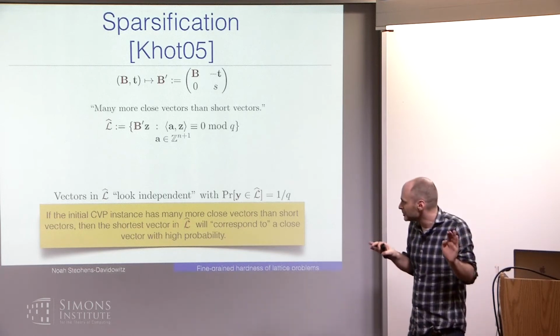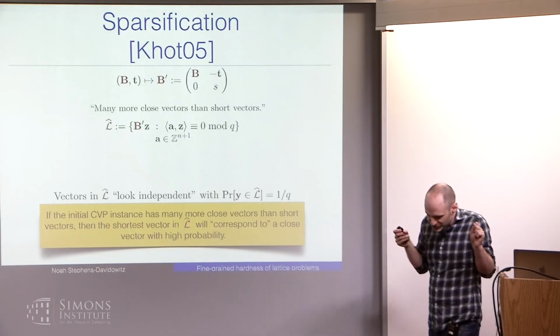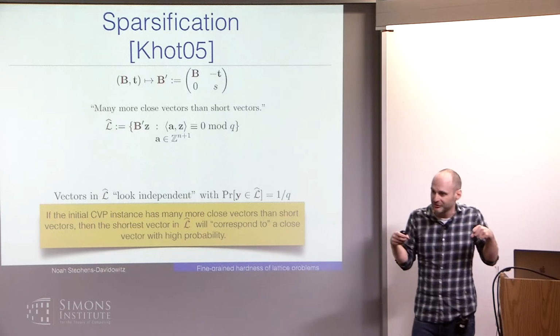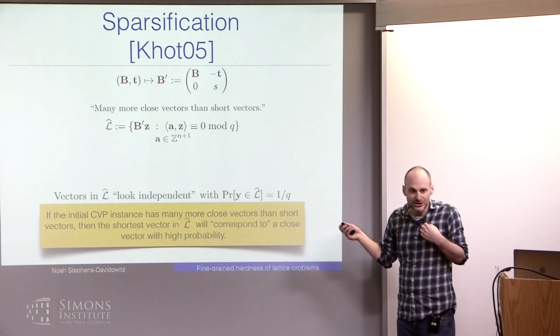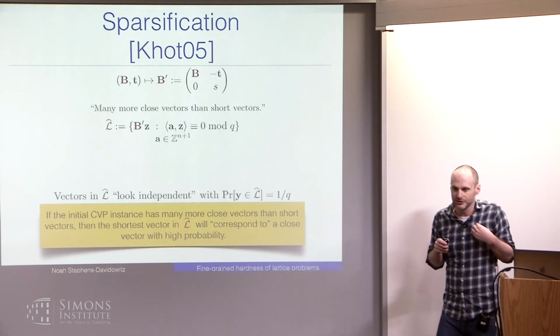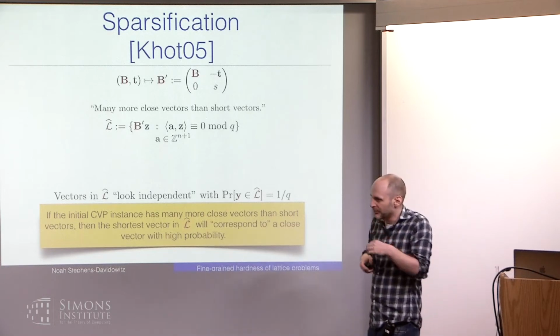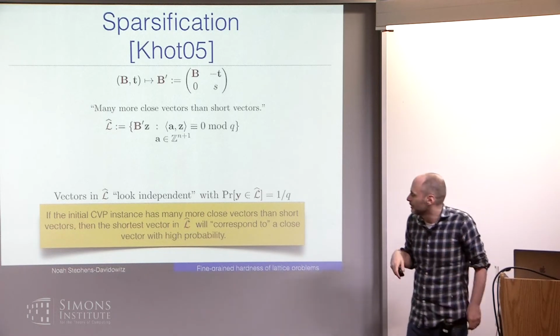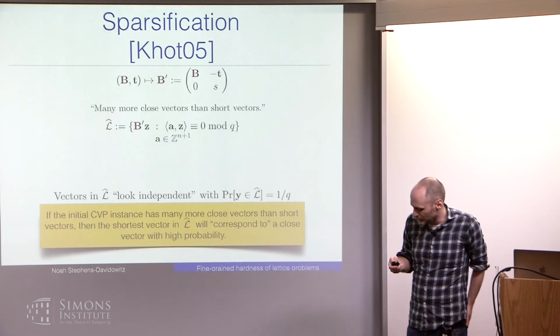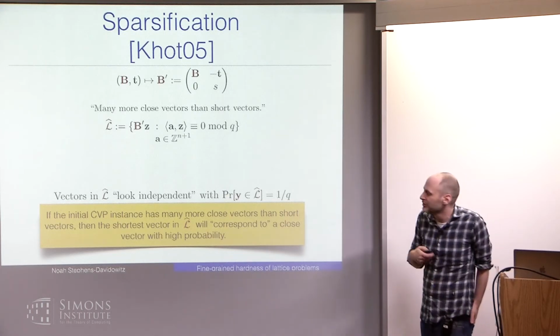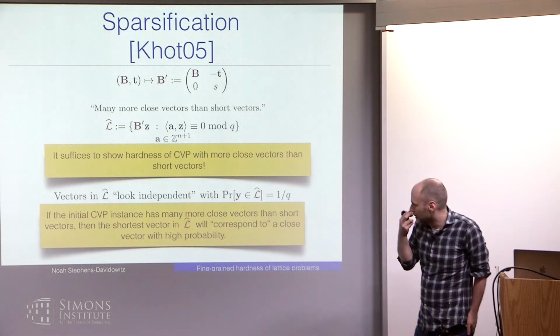So this is the sparsification trick, right? So if the initial CVP instance had a bunch of close vectors and not too many short vectors, then the final CVP instance will have no short vectors, just close vectors, right? And then the reduction will work. The original reduction will work.